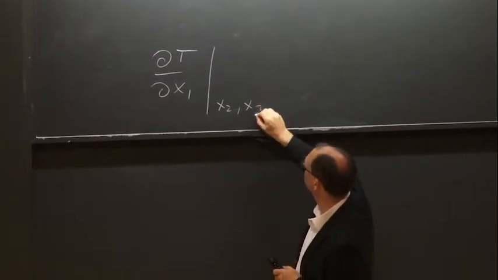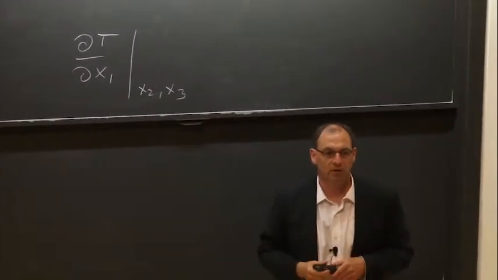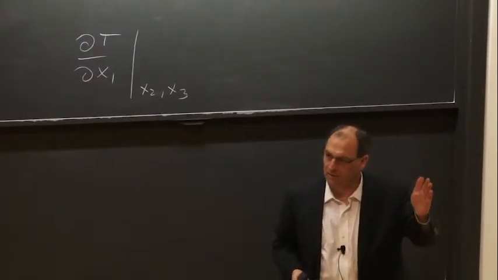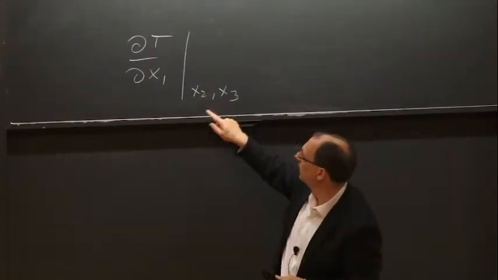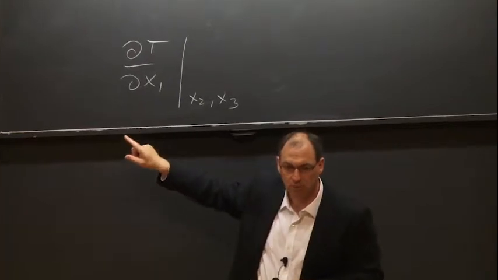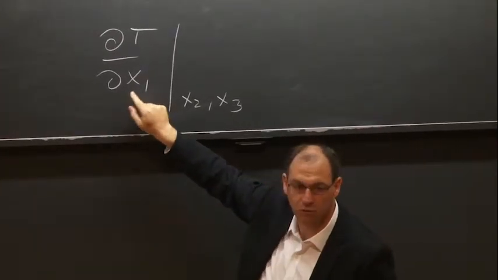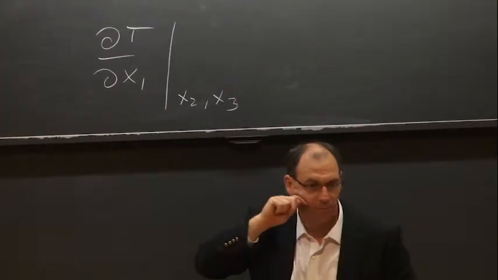So a partial derivative is only defined in the context of a whole coordinate system, not in terms of just one single coordinate, right?